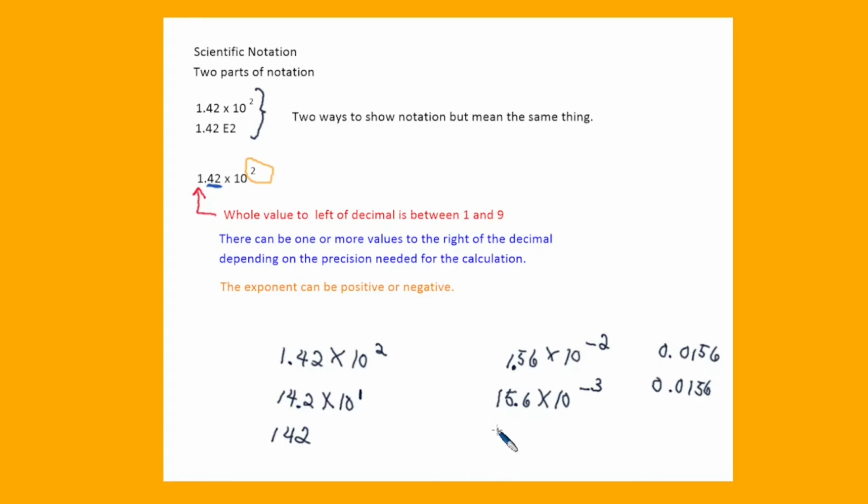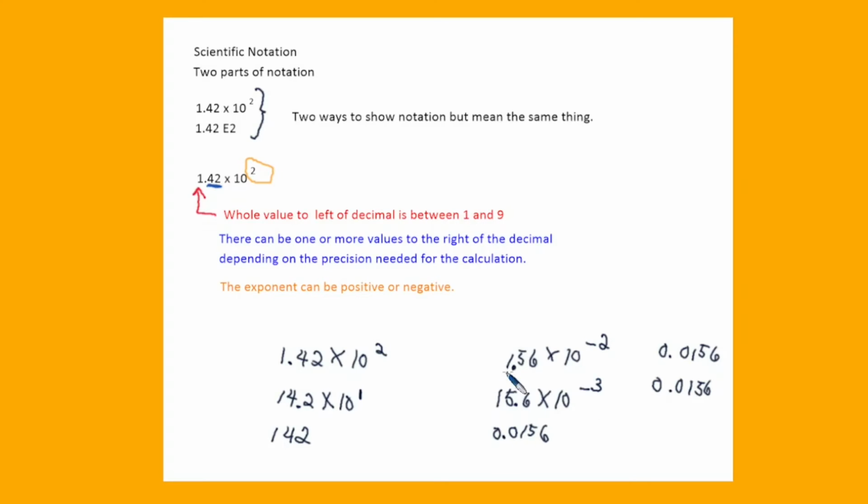again, we could just change this again to 0.0156. So when you're doing calculations and using this methodology, keep in mind that you keep track of the decimal place by the values that you have over here.